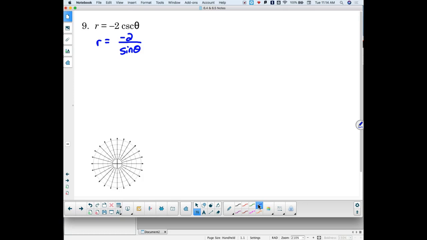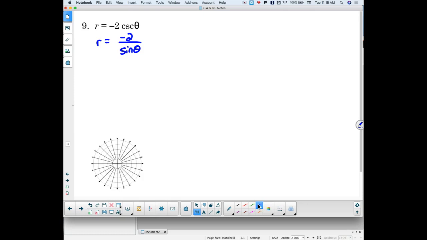Can I do anything with that equation? I love the fractions, but not everybody else does.